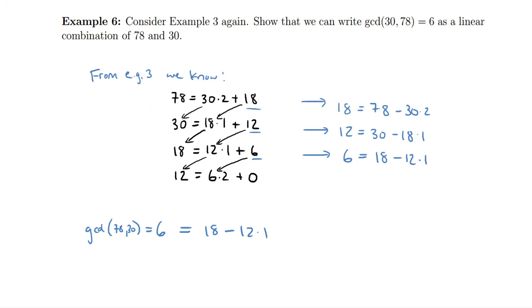Substituting, we have 78 minus 30 times 2 for this 18 here. And then the 12, we can write as 30 minus 18 times 1. So I'll have 78 minus 30 times 2 minus 30, and then plus 18.